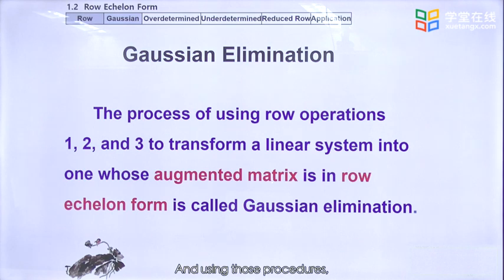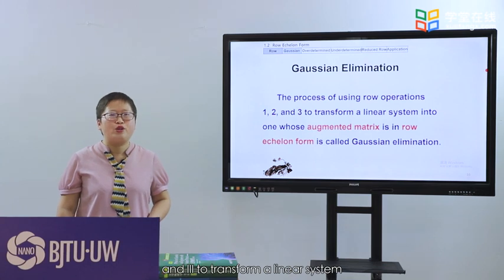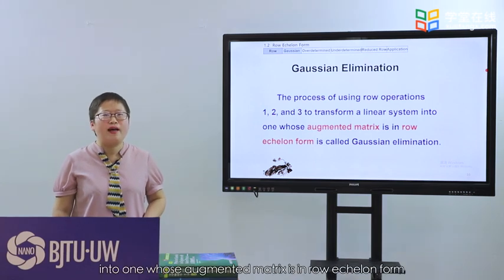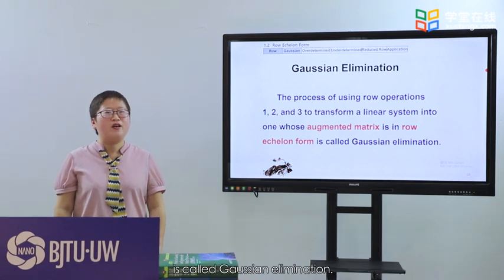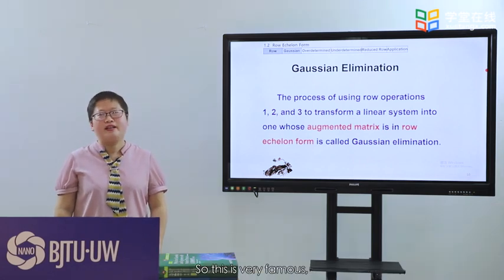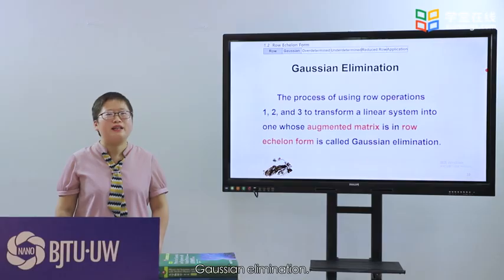And using those procedures, in fact, we get the Gaussian elimination procedure. The process of using row operations 1, 2, and 3 to transform a linear system into one whose augmented matrix is in row echelon form is called Gaussian elimination. This is a very famous, very useful way to solve linear systems, Gaussian elimination.